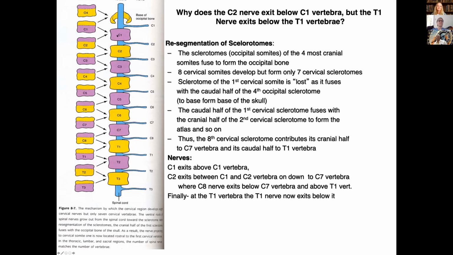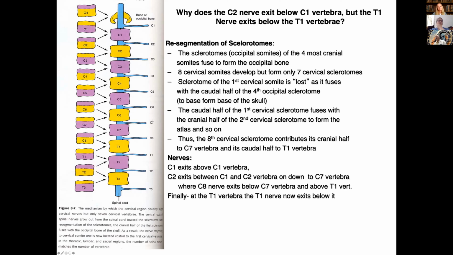And cervical nerve 1 comes out there at the base of the cranium before we get to cervical vertebra 1. So the upper part, as we said, of the sclerotomic cells help to migrate and form the base of the skull, whereas the lower part of C1 and the upper part of C2 sclerotomes form cervical vertebra 1.